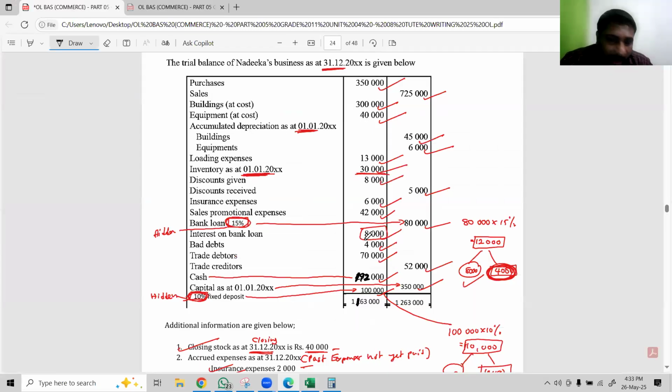We'll try to see the trial balance first. 350 plus 300 plus 40 plus 13 plus 30 plus 8 plus 6 plus 42 plus 8 plus 4 plus 70 plus 192 plus 100. So it is coming up to 1163.